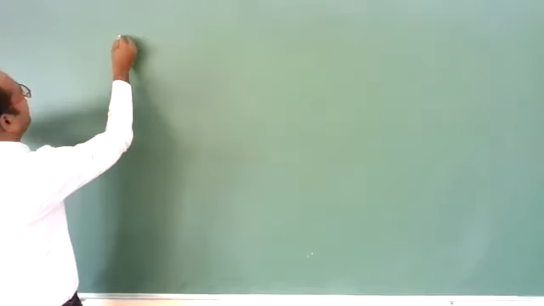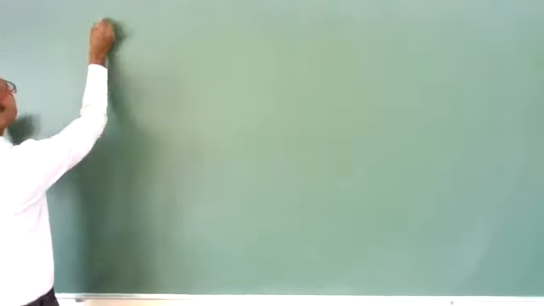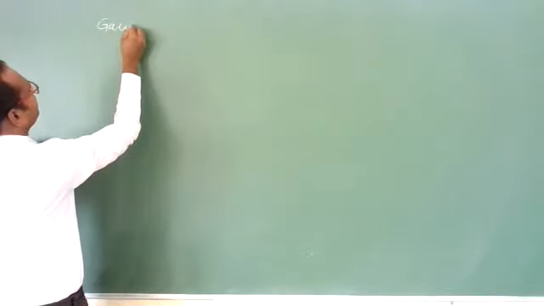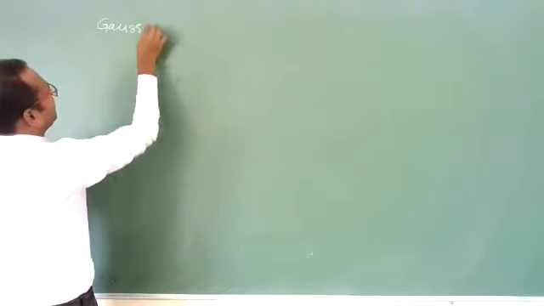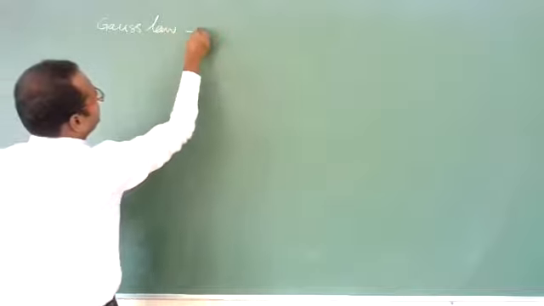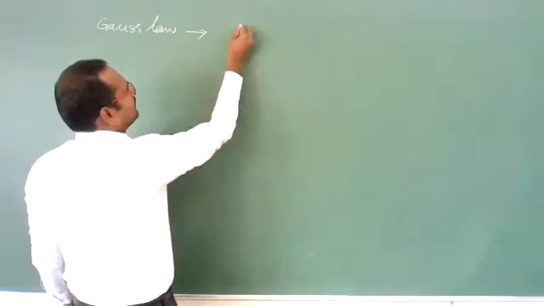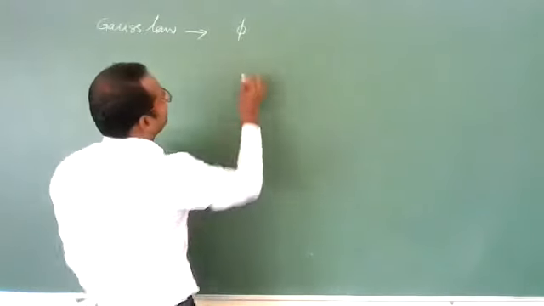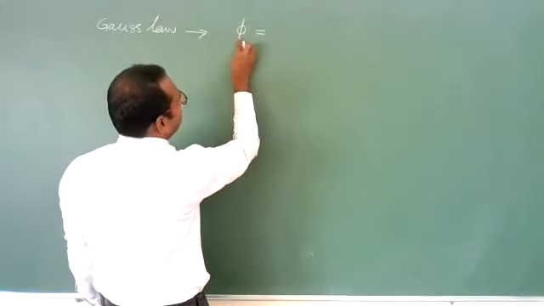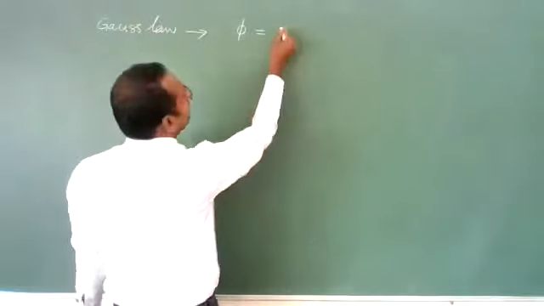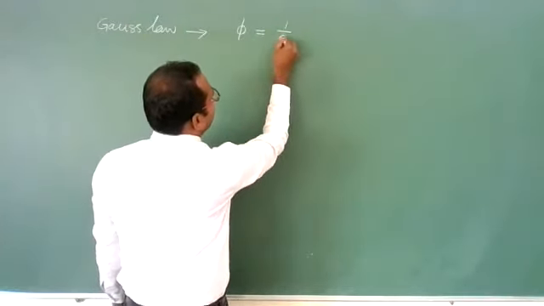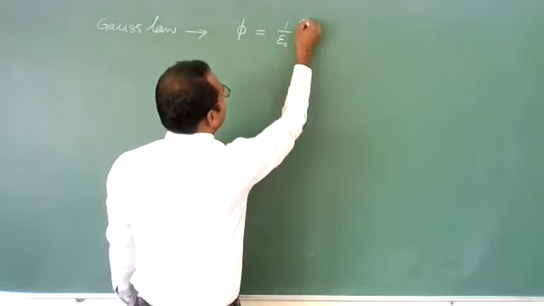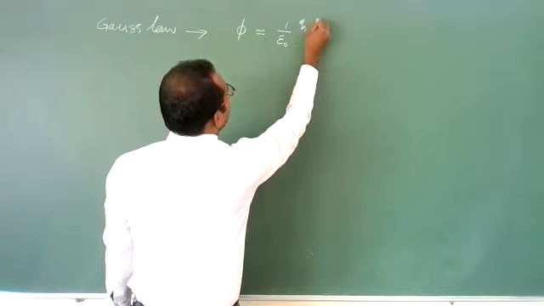According to Gauss law, it states that electric flux through a Gaussian surface is equal to 1 by epsilon naught times the total charge enclosed within that Gaussian surface.